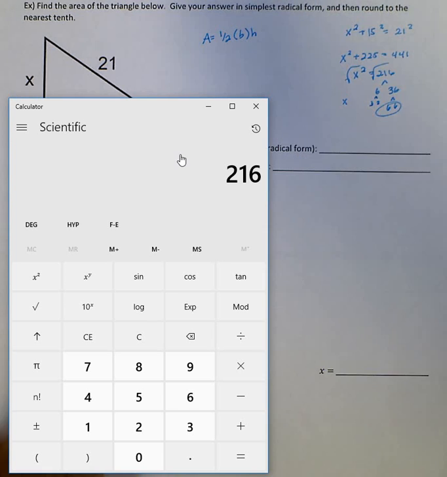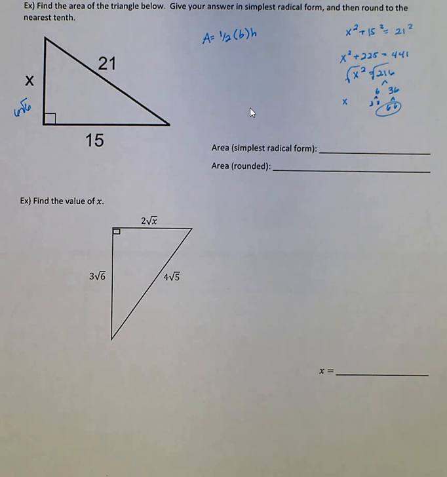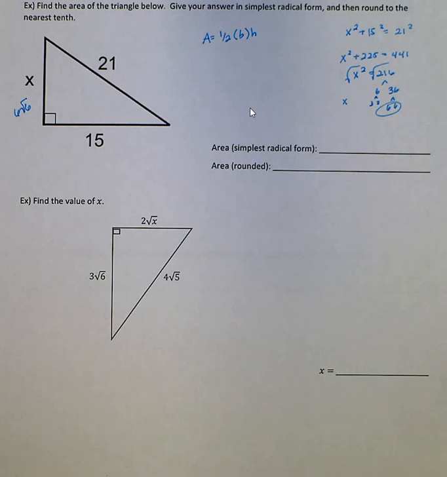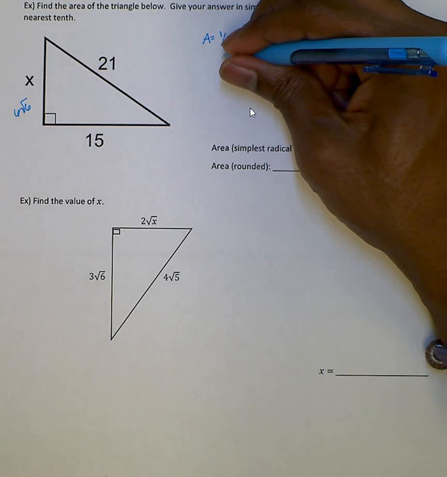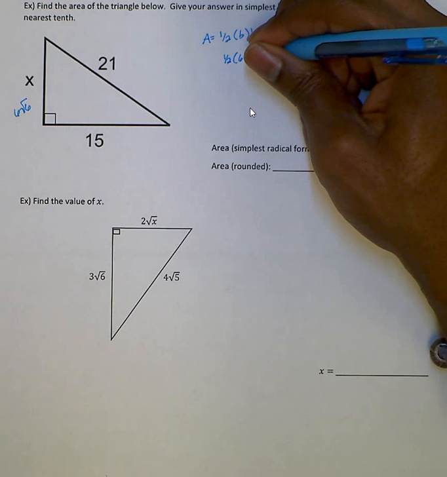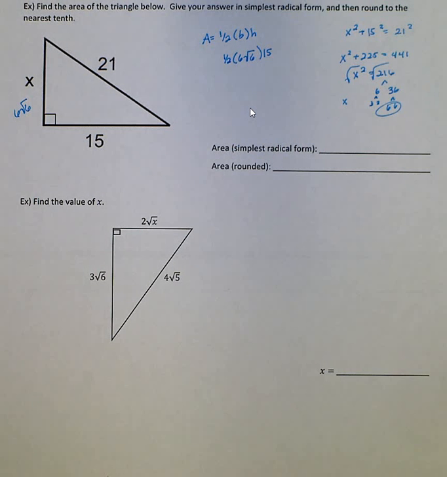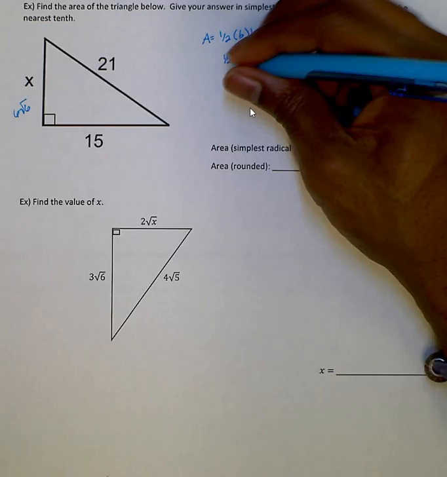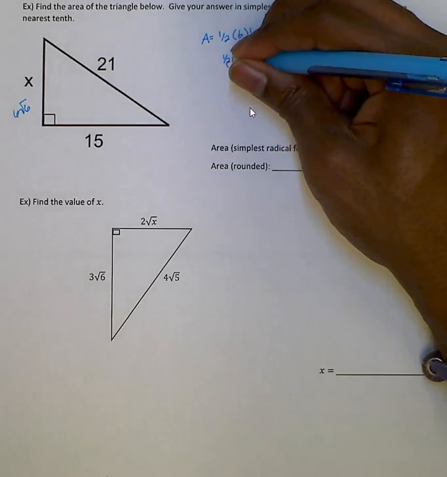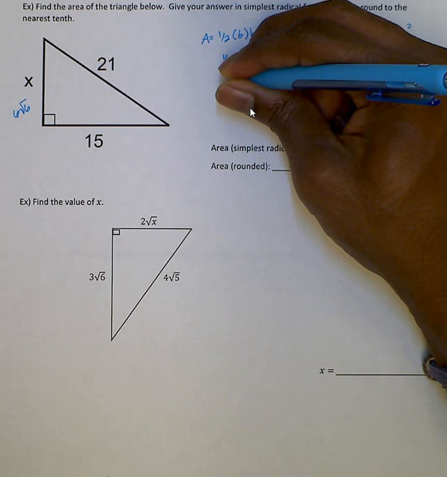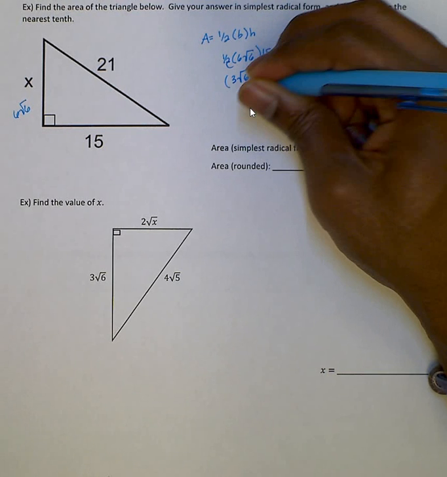Okay, I'm going to make sure that I remember what they're asking me. Height is 6 radical 6. So they're asking me for the area. Again, area is 1/2 base times height, so 1/2 times 6 radical 6 times 15. Okay, and now I'll multiply across. I'll do 1/2 times 6, which gives me 3. Alright, 3 radical 6 times 15, and that should give me 45 radical 6.